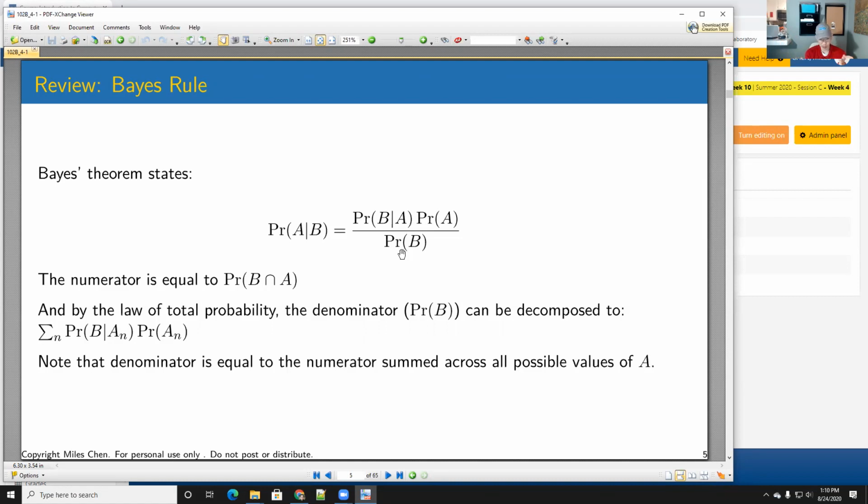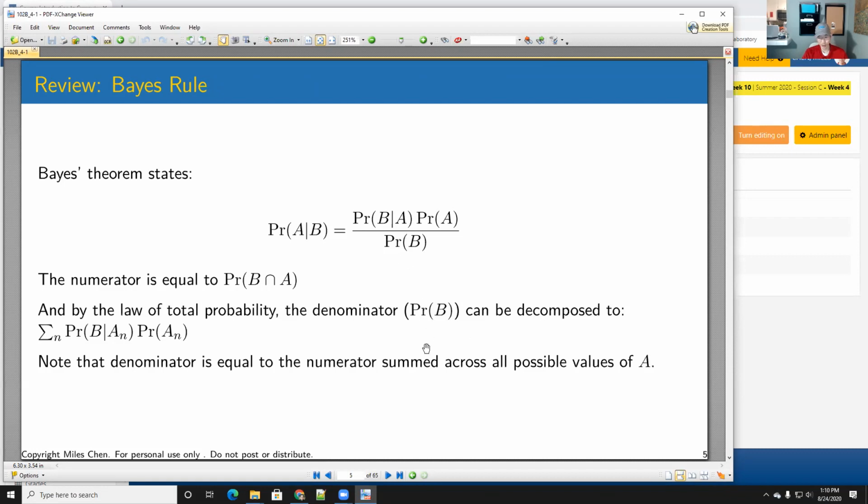It's going to be the probability of getting the queen of hearts plus the probability of getting the queen of spades plus the probability of getting the queen of diamonds plus the probability of the queen of clubs, right? You have to add up all those subsets, and when you combine them, you get the total probability of B, right?